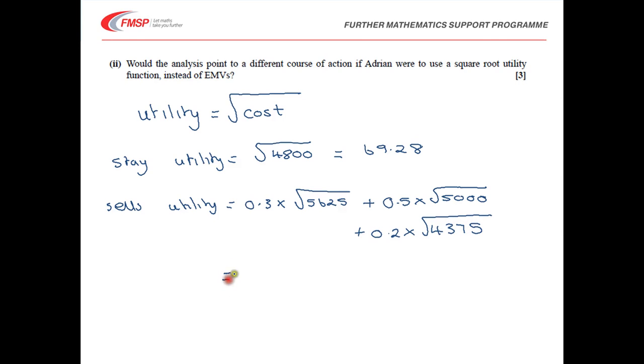And when you work that lot out, you get 71.08. So the cost is still higher if he sells. So the question was, would it point to a different course of action? No, he should still keep his house.